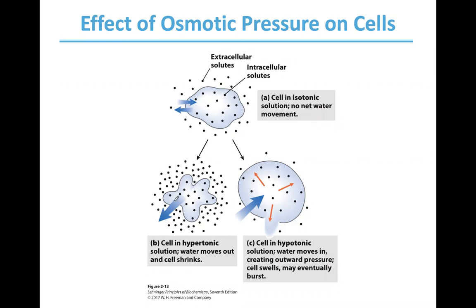Can you think of an example of this process at home? Something in the refrigerator that has shrunk because of being placed in a hypertonic solution? Fruit. Fruit? What kind of fruit? Like any fruit, when it dries out, it'll shrivel up and shrink.